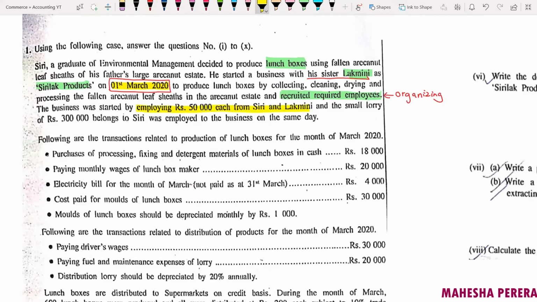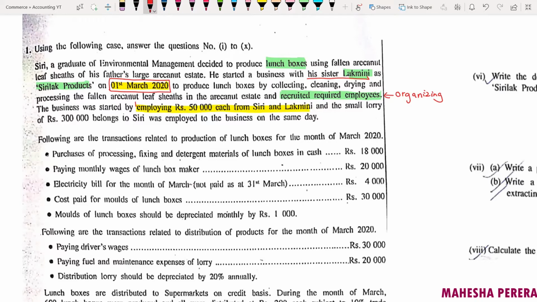So definitely this business is a partnership. There are two partners, Siri and his sister Lakmini. So this is actually your first transaction in this business. It is the first transaction, so better to highlight it and quantify it. This is transaction number one in the passage.